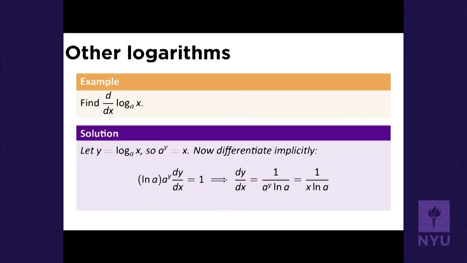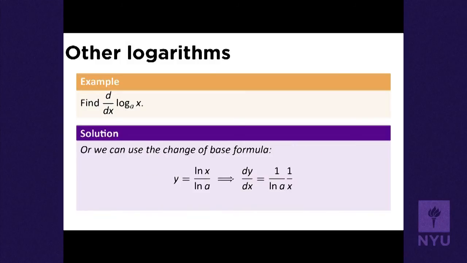Okay. Another way to prove this derivative is to remember our change of base formula. The log base a of x can be written in terms of the log base e of x, and I already know the derivative of the log base e. Log base a of x is the natural log of x divided by the natural log of a. And that's constant.